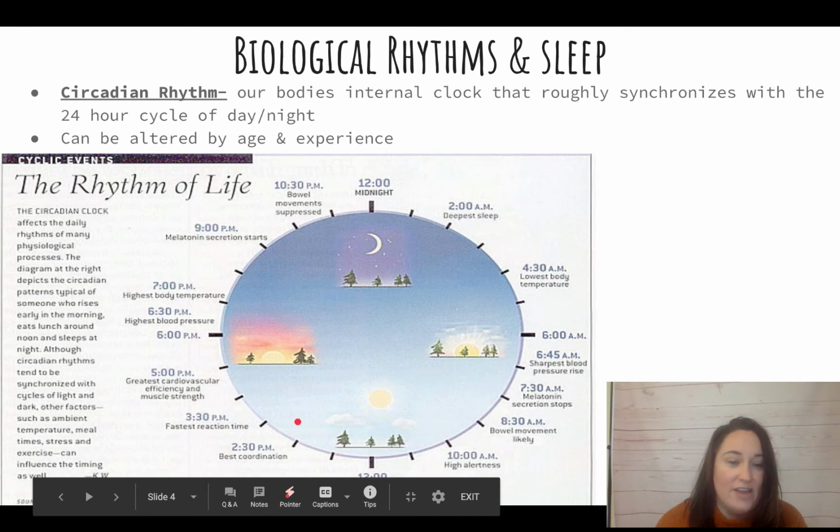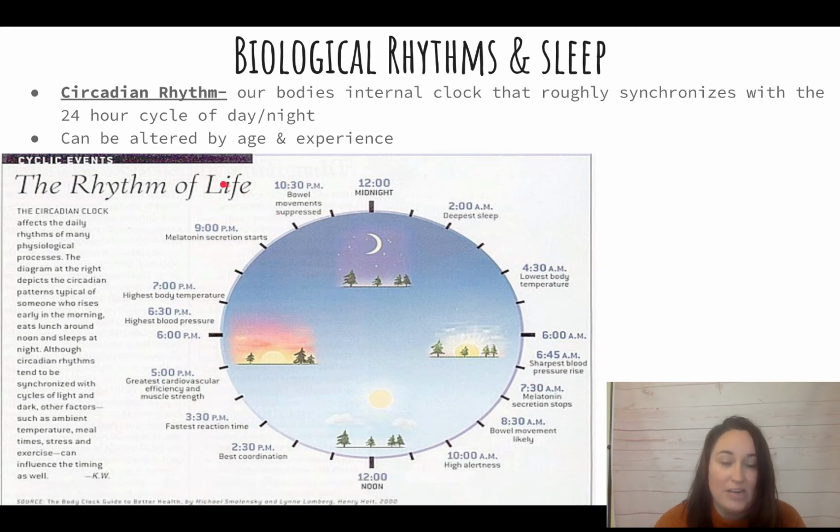Then as we go through the day, melatonin starts to be secreted at 9 p.m. at night. Now, actually, in people who are teenage age, about early 20s as well, the melatonin doesn't start being produced until a little bit later in the day, not too much later.